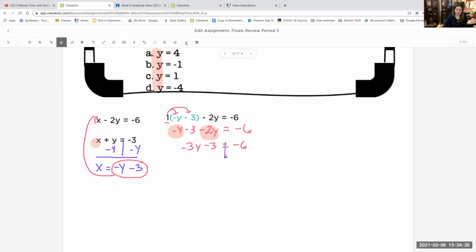But what would we do? I would see that this is a -3 and I would add 3 to both sides. I don't like how that looks. Some of you guys forgot to bring down that -3y and just brought the 3y over.